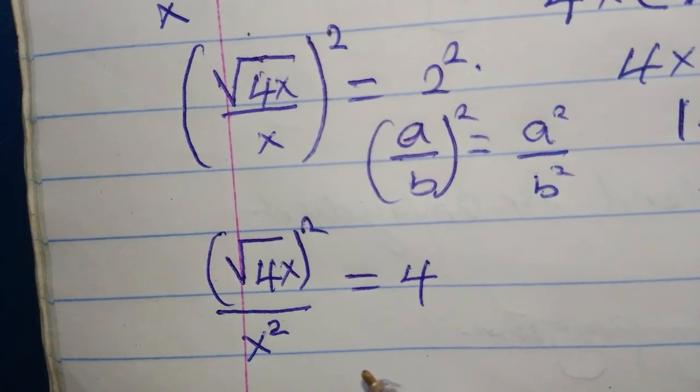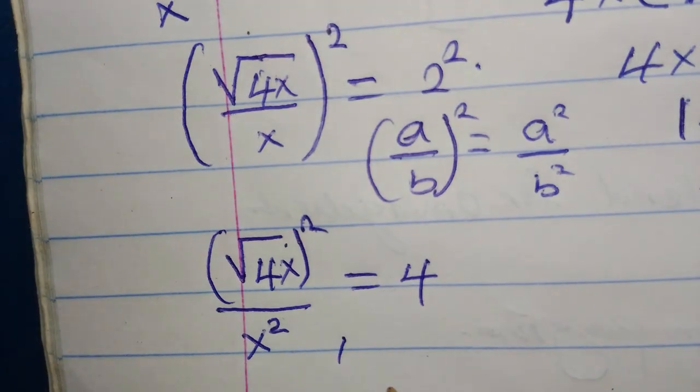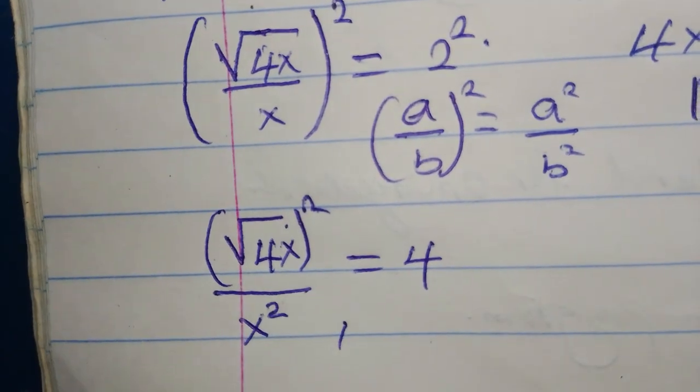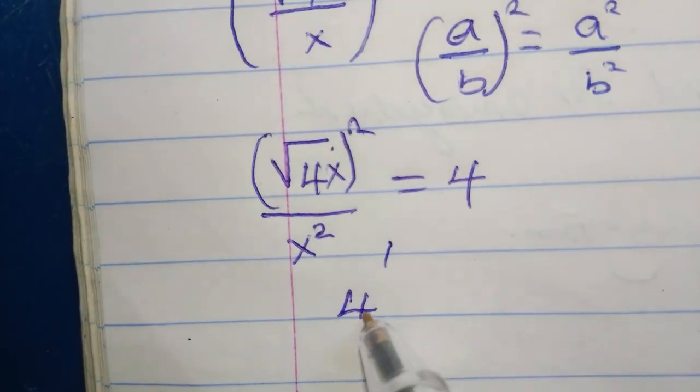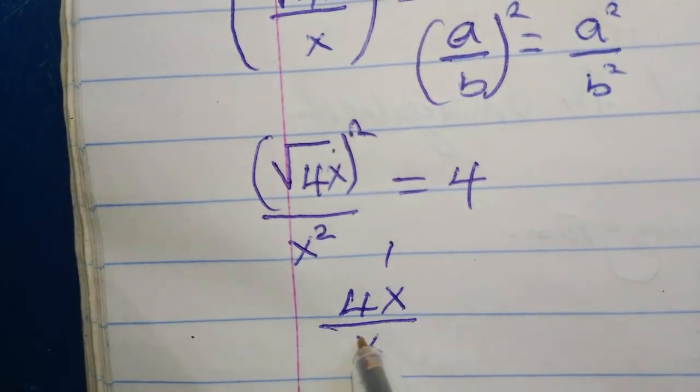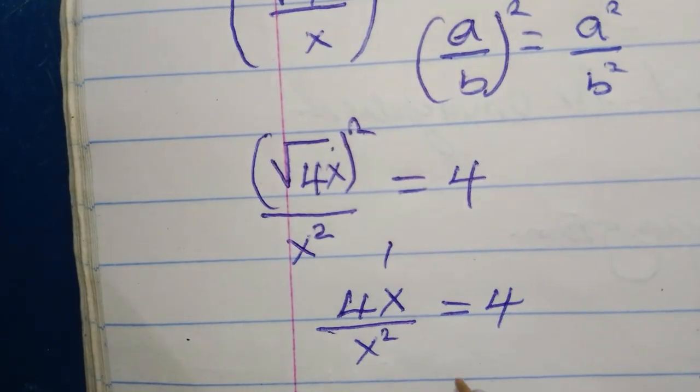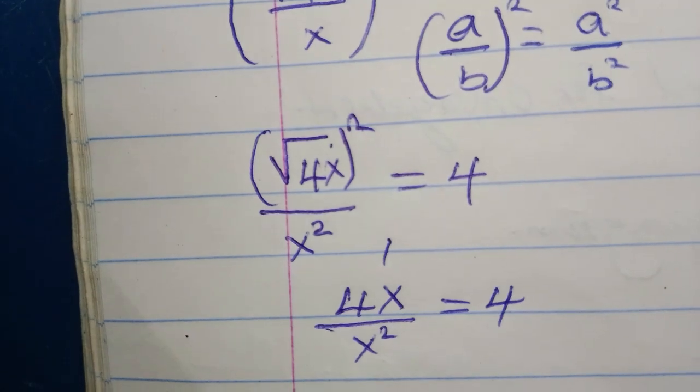So now we have 4x over x squared equals 4.